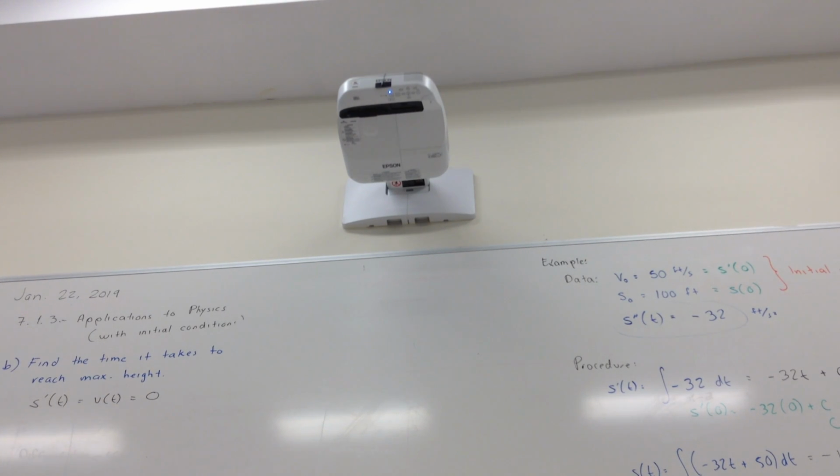So it's going to be minus 32t plus 50 equal to 0, and then what? Isolate the time. So 50 equal to 32t, t equal to, I think it was 1.56 seconds.